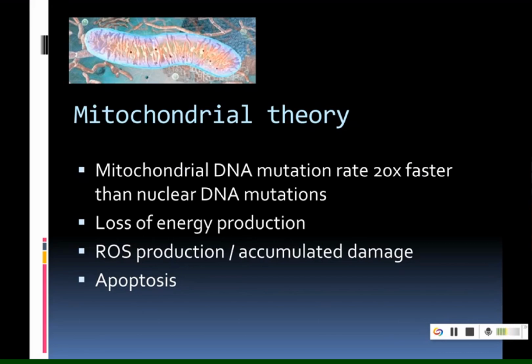Some of the other theories that seem to have some importance is the mitochondrial theory. Researchers have found that mitochondrial DNA mutations occur at a much faster rate than nuclear mutations, thus posing the mitochondria to be age-related dysfunction. Certainly, there's a lot of evidence that shows that these mitochondria do not produce energy as much.